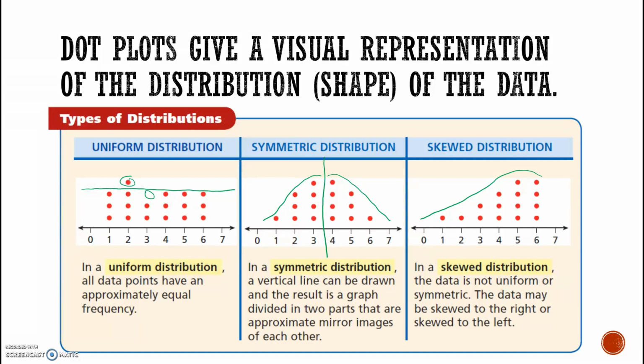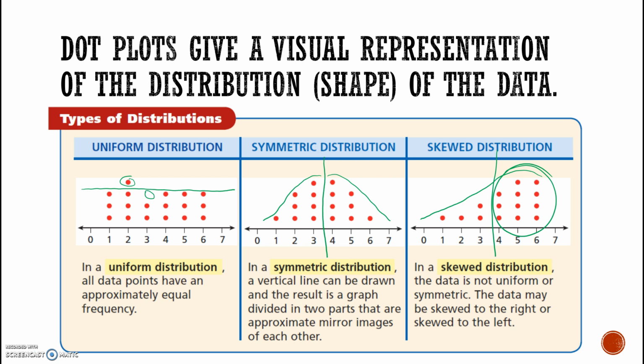Now, in this case, the data has been skewed to the right. Again, you could, if you wanted to, go ahead and draw a vertical line down the center again. And if most of the data is on one side of your vertical line, and it's got that sloping up or down towards where most of the data is, we could say that it is skewed.